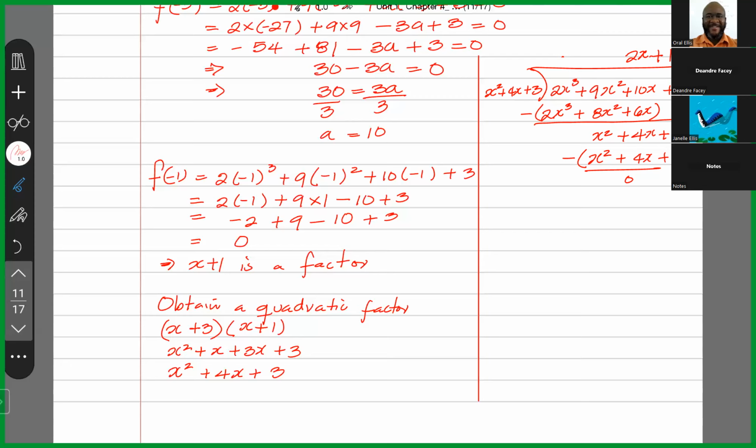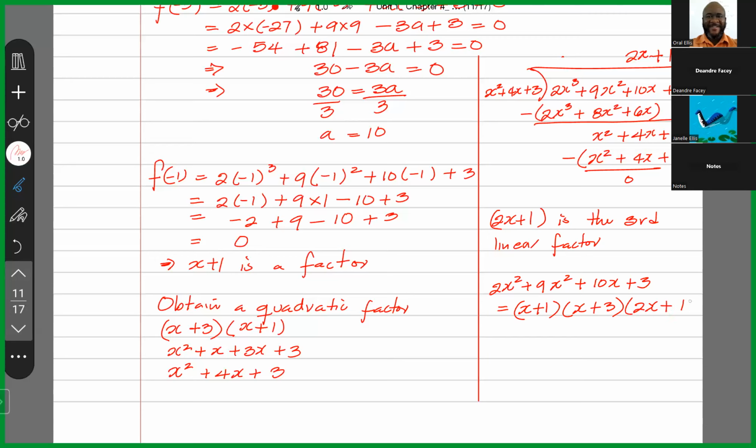Now, 2x plus 1 is the third linear factor. So essentially what that would be saying is that 2x cubed plus 9x squared plus 10x plus 3 would be equal to x plus 1 times x plus 3 times 2x plus 1.